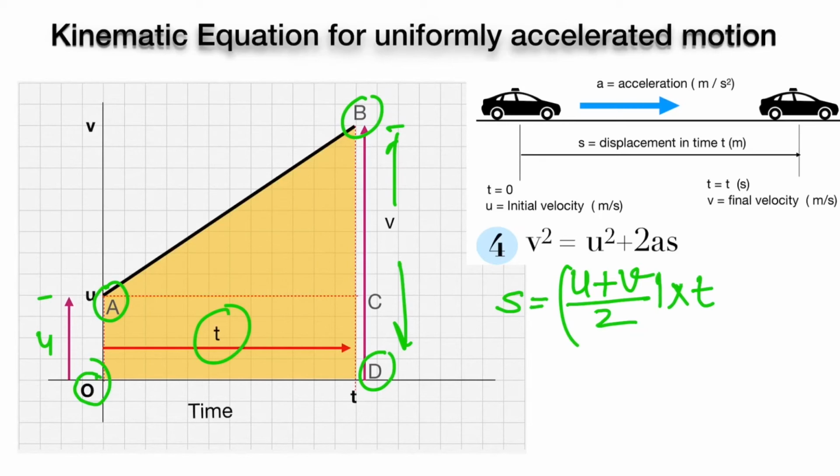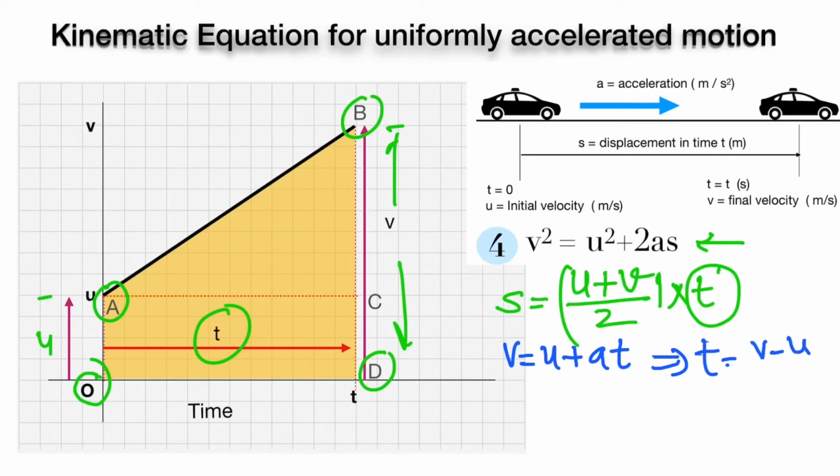Now, since we don't need t in this equation, we will replace t by using the first equation of motion. As per the first equation of motion, v is equal to u plus at. That means t is equal to (v minus u) by a. Okay?